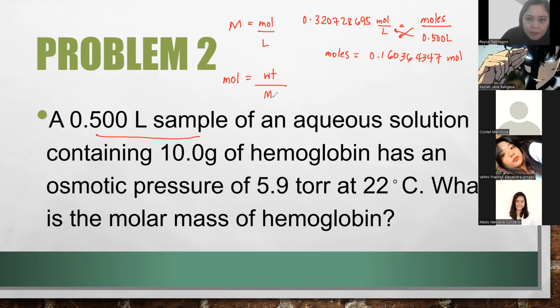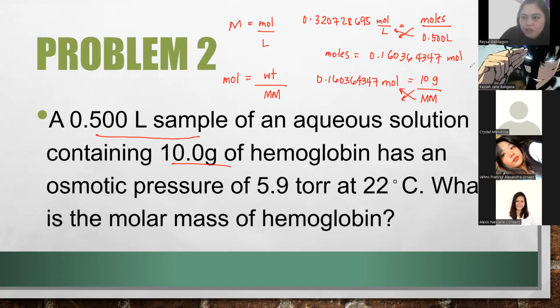Okay? And then, we have another formula: moles is equal to weight of the substance divided by its molar mass. So, to get the molar mass, you can use this formula. We have 0.160364347 mole equals, given the weight of our substance, 10 grams, divided by the molar mass.